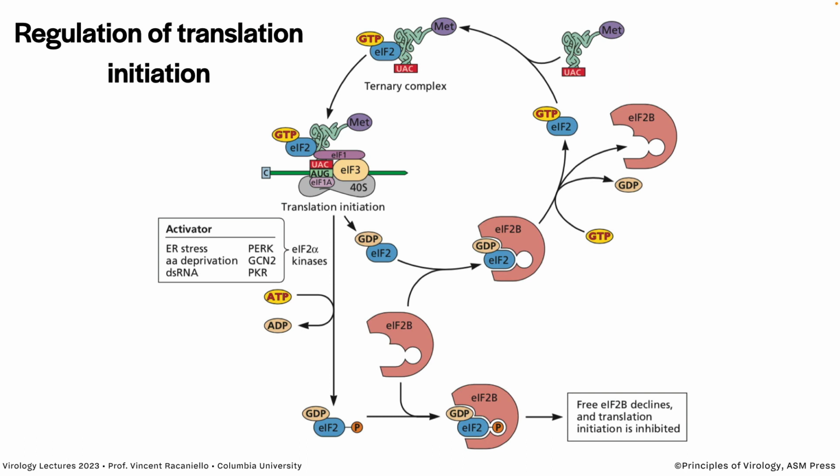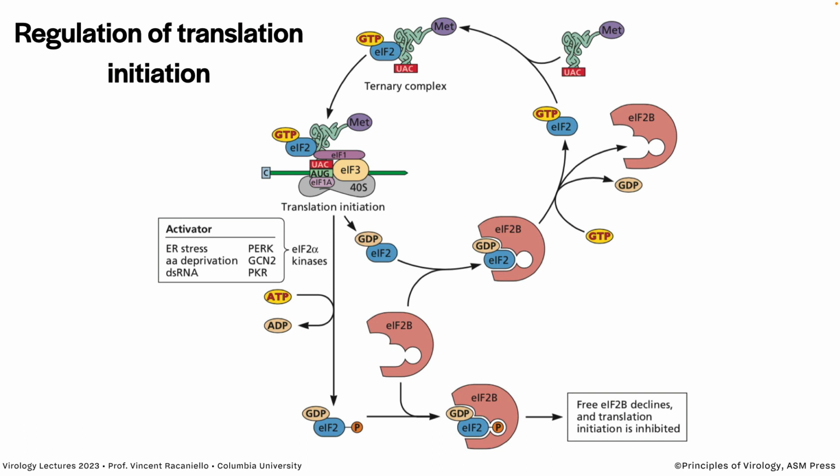So this is the initiation step of viral protein synthesis. We have eliminated all of the binding to the cap, and what we have here is now the methionine tRNA bound to the initiating AUG. There's the 40S subunit. And when the 60S ribosome comes in and binds, what is released from this is EIF2 with the molecule of GDP, okay?